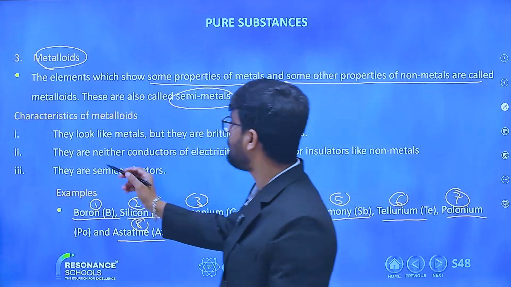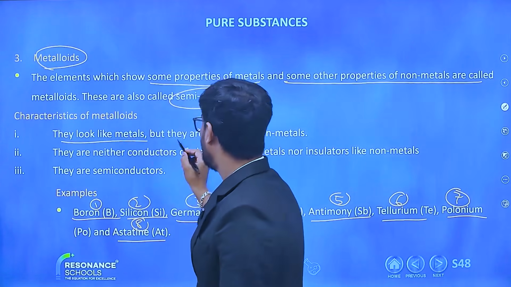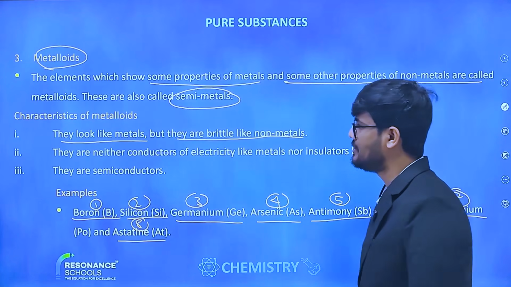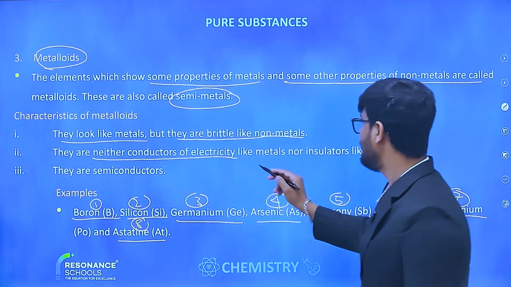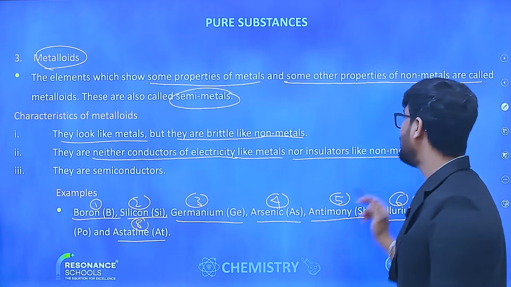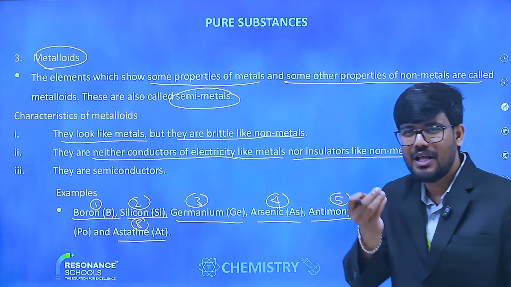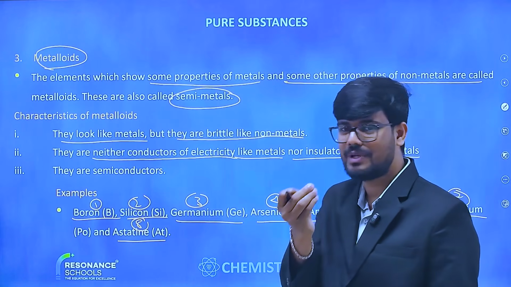So what are these properties? They look like metals, but they are brittle like non-metals. They are neither conductors of electricity like metals nor insulators like non-metals. Means they can conduct a very small amount of electricity.